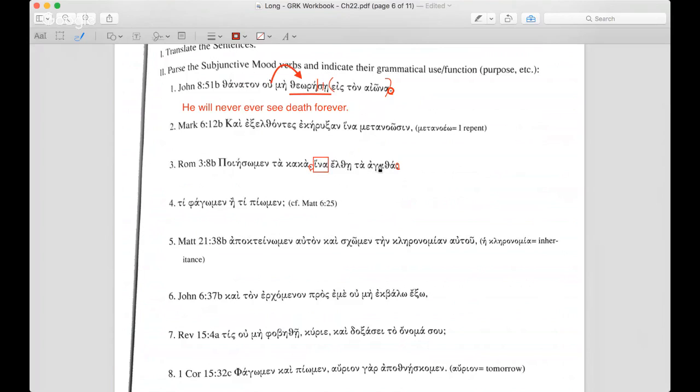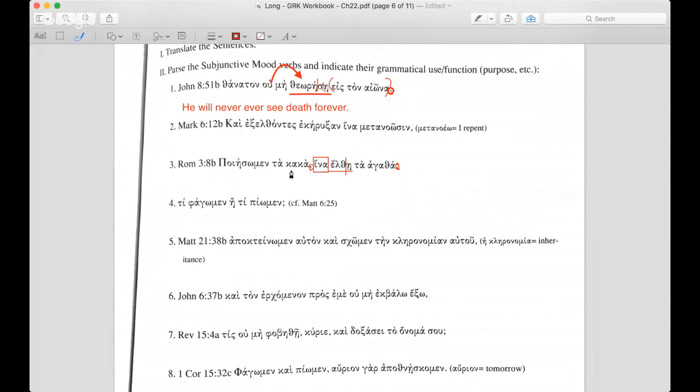If we just look over here quick, this jumps out to us. And what is that? It's the aorist. Yep, it's the second aorist subjunctive. Right. We're just going to mark that there.